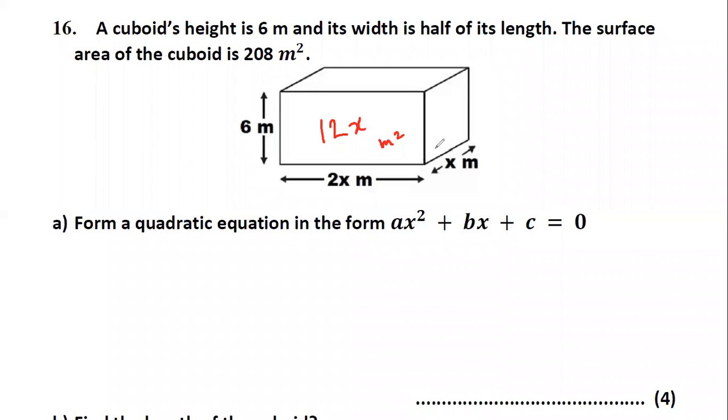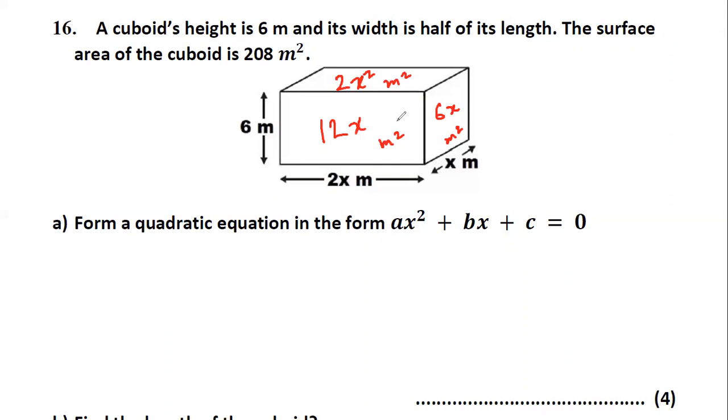Moving to the right face, it's x meters wide and its height is the same as the front face, so 6 times x will be 6x meters squared. Moving to the top face, that is 2x long and x wide. 2x times x will be 2x squared meters squared.